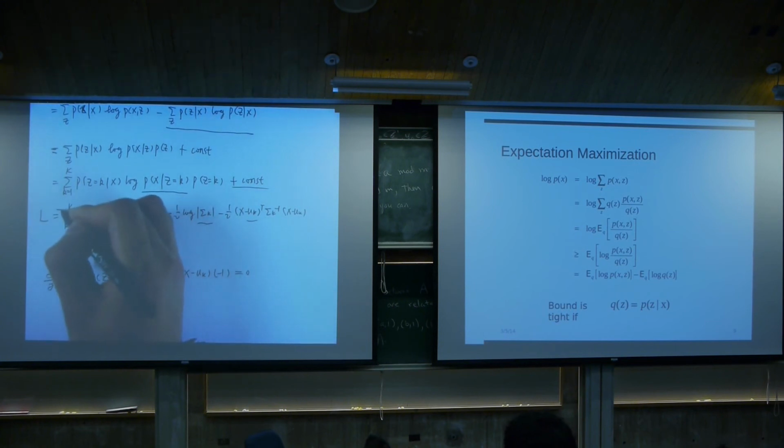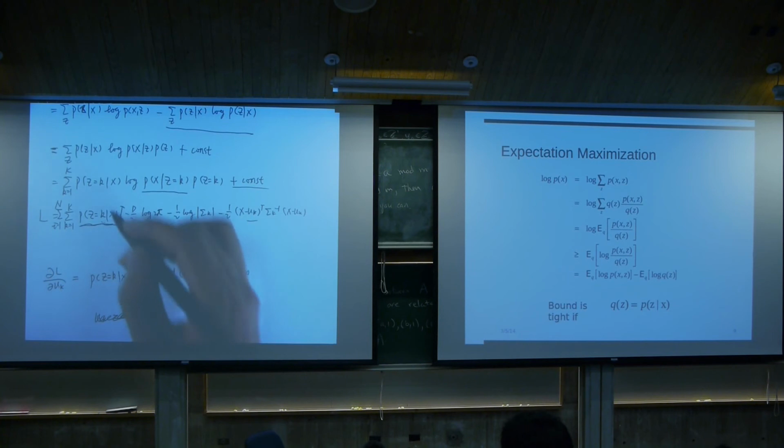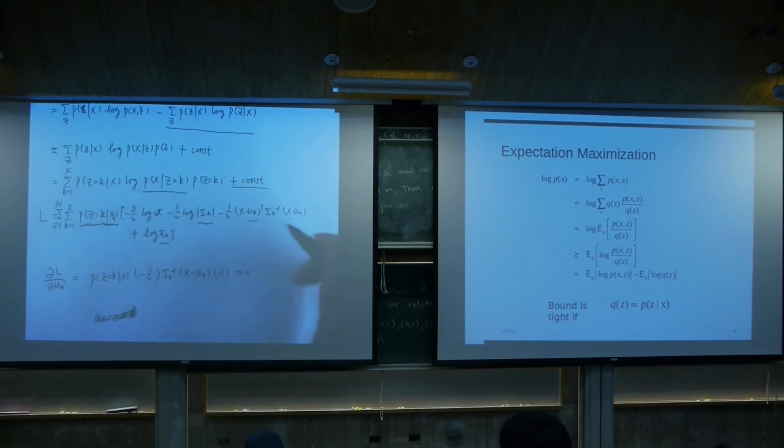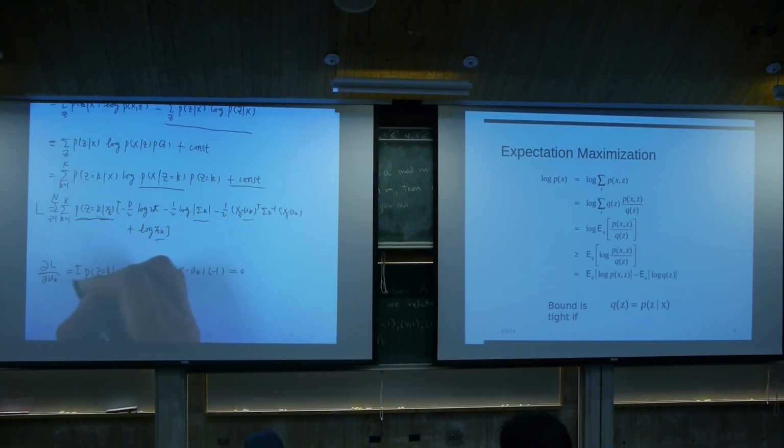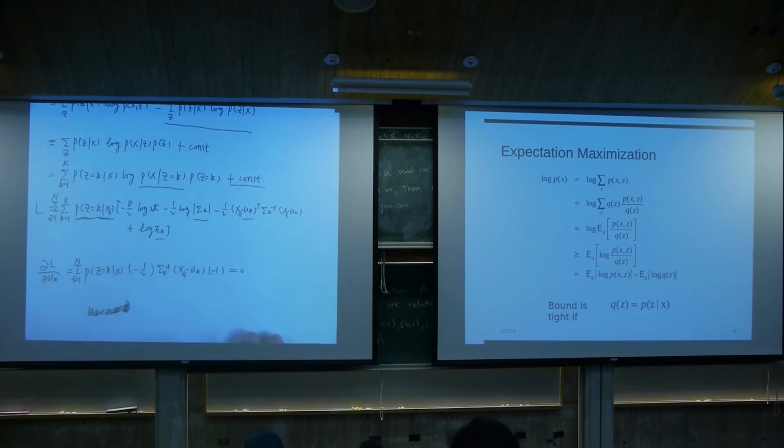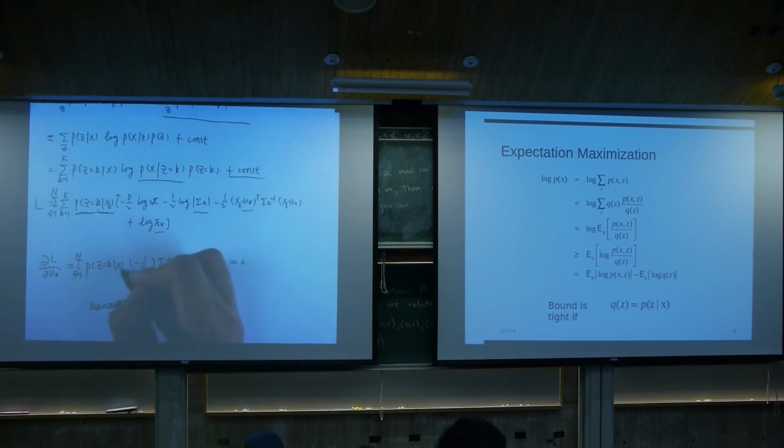There will be a sum over i equals 1 to capital N, and all the x will become xi. So we take the derivative of this function with mu k, and here is a sum over all the points, xi.